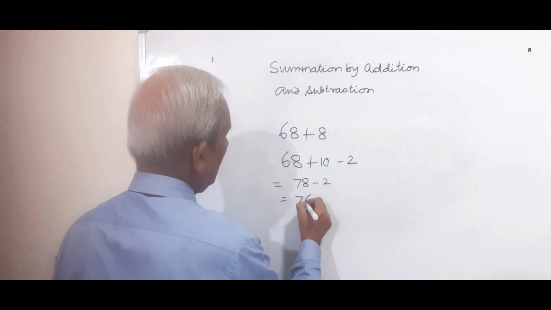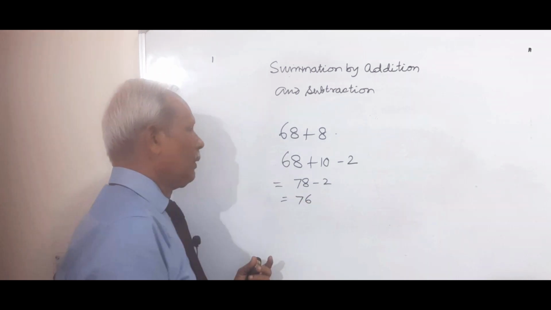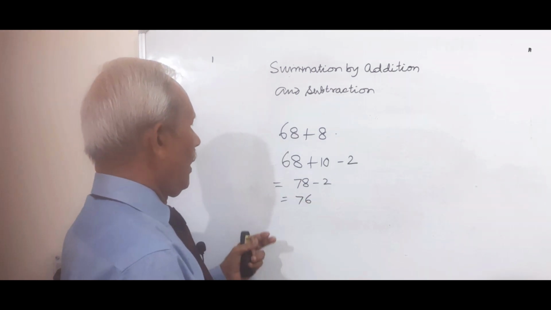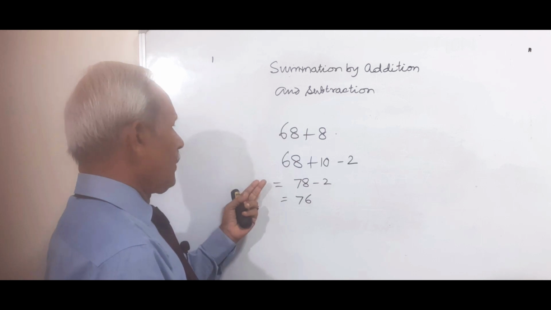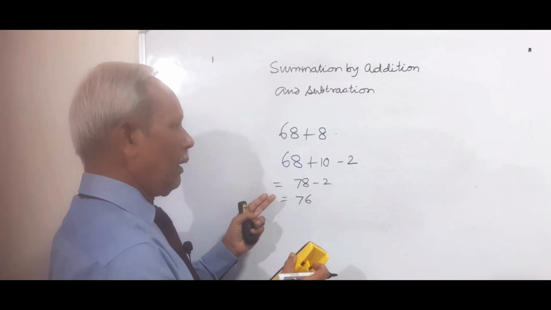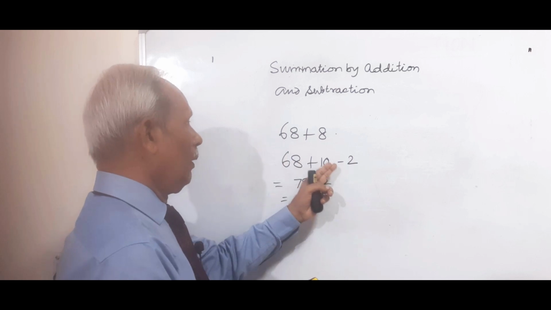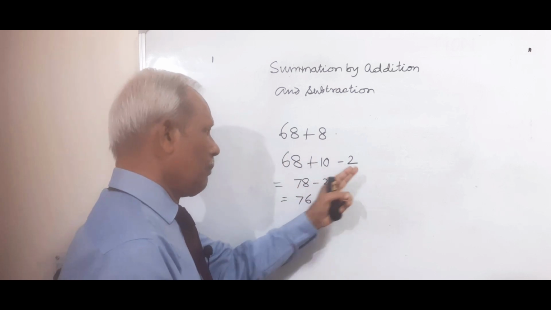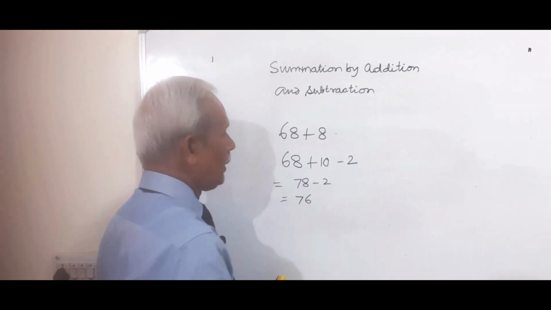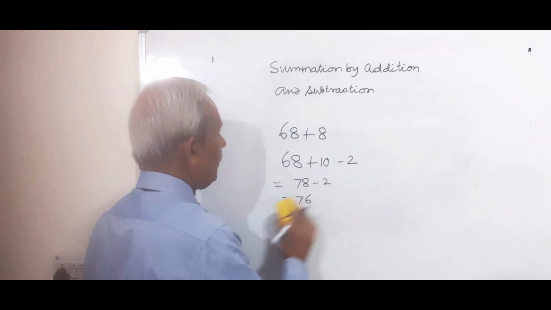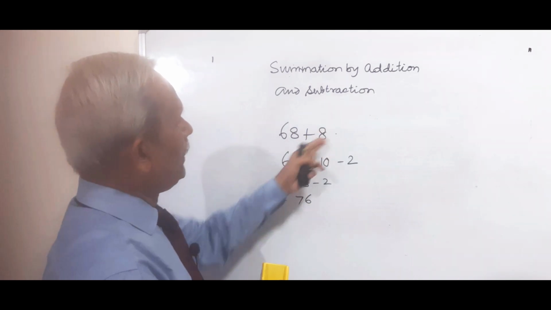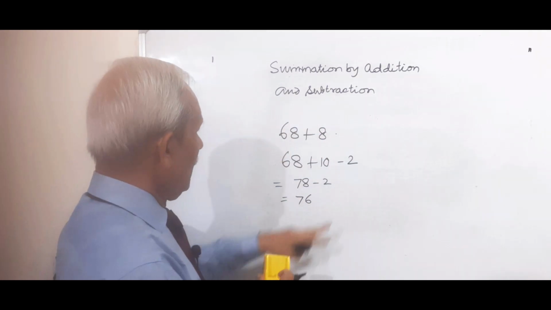It becomes easier, so we can do both ways. We can add the number first, make it 10, and then subtract the excess amount that we have taken. So one is completing the whole, another is addition and subtraction.